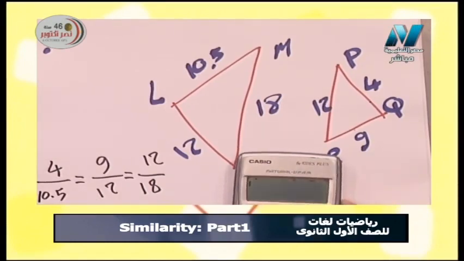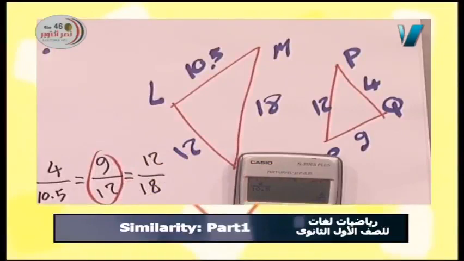We have here a fraction 4 over 10.5. The answer will be 8 over 21. And this one, 9 over 12. The answer will be 3 over 4.